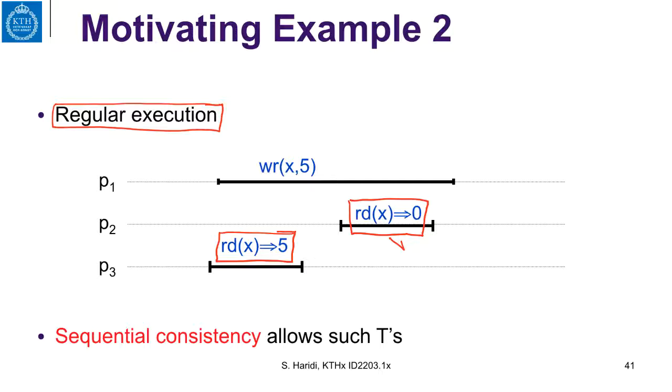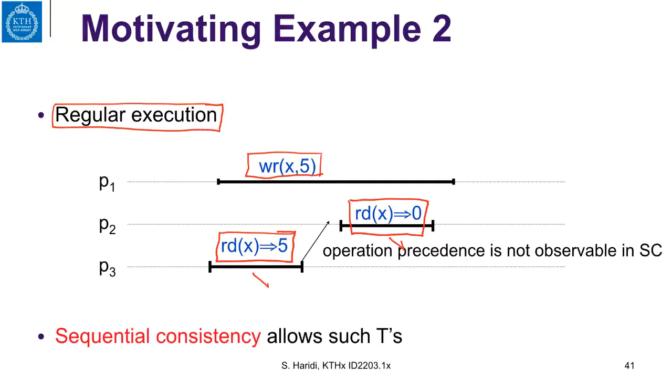Then after that we do the write operation, and then after that we do another read operation that returns the value 5. So in sequential consistency, operation precedence, in this case these two reads, is not observable if they appear on different processes. Sequential consistency only requires that operations on the same process are executed in that order.